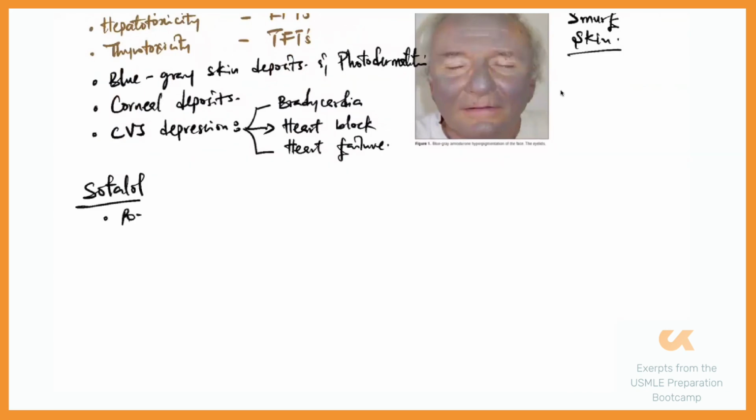Meaning that while you're giving a patient sotalol, because you want it to act as a class 3 antiarrhythmic medication, it could actually still be exerting some beta blocking effects. And those beta blocking effects would become a side effect. So sotalol has a strong beta blocking effect, right?